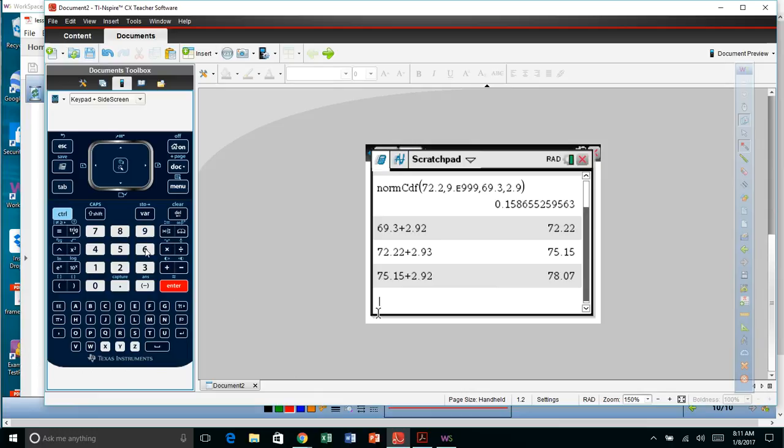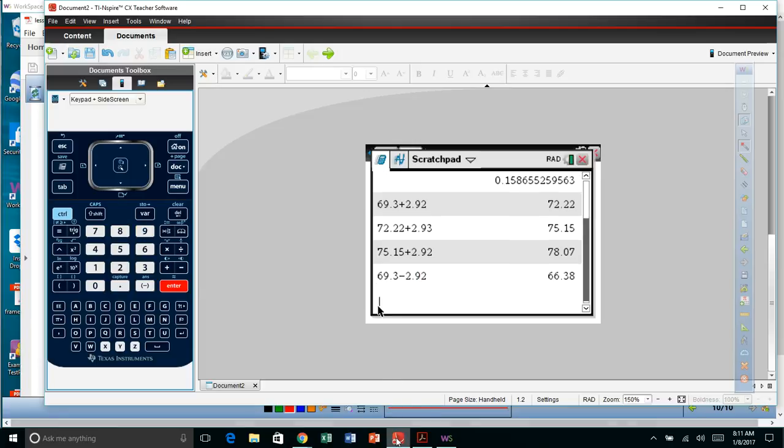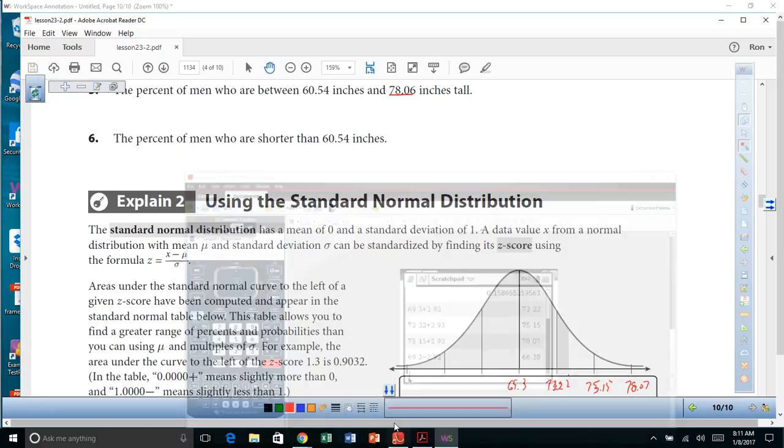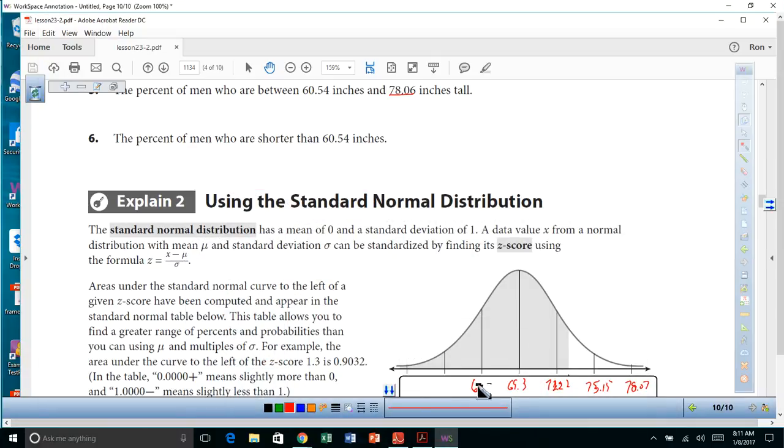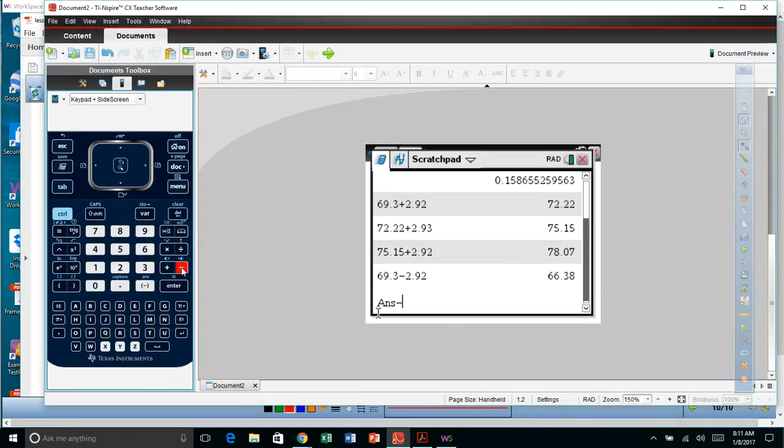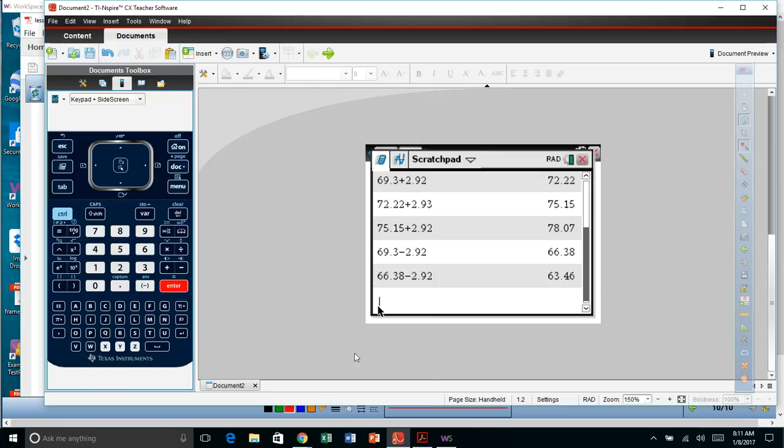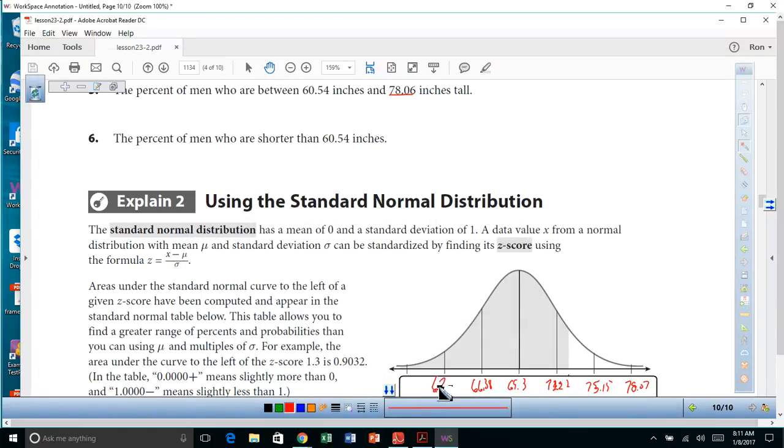Now let's take 69.3 minus 2.92, and that gives us 66.38. And then we'll subtract again, minus 2.92, and I'm just making that 63.46.